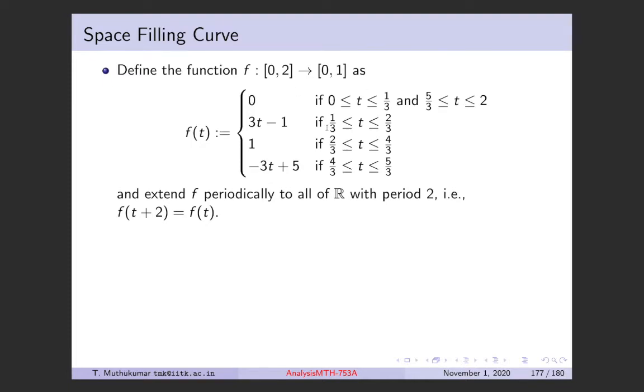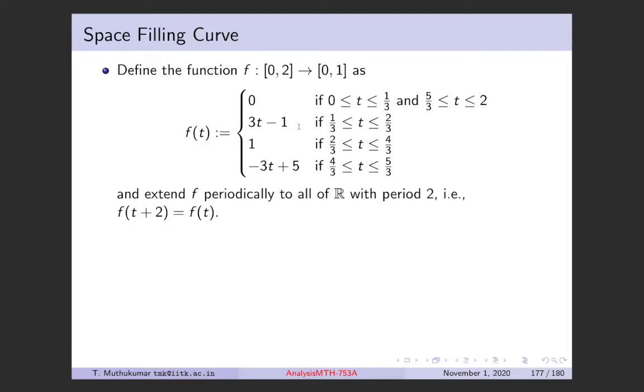Then the second part is given by a straight line of slope 3 with an intercept of -1.